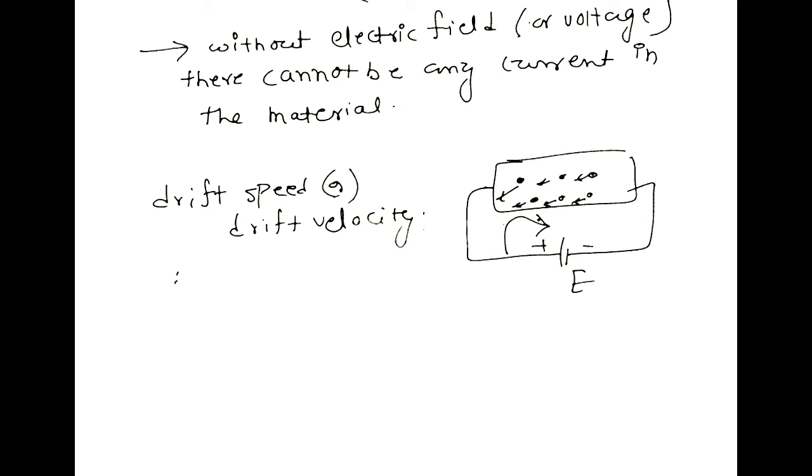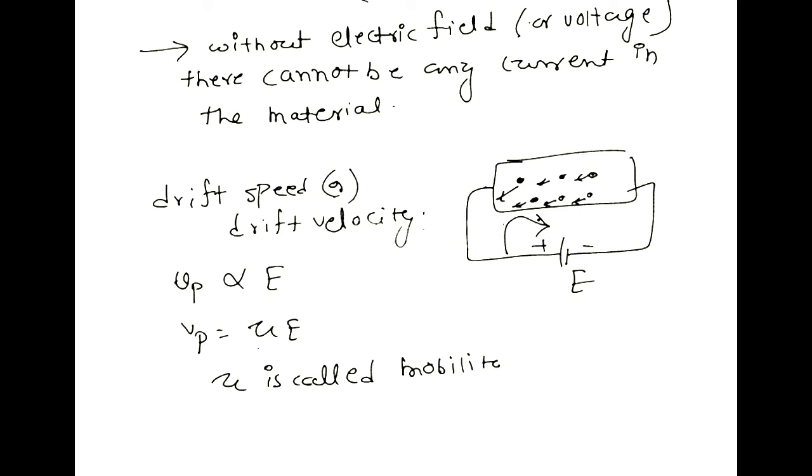So drift speed, which I am indicating with Vd, is proportional to the applied electric field, Vd = mu E, where mu is the constant of proportionality, called the mobility of the electrons. In general, it may be holes also.